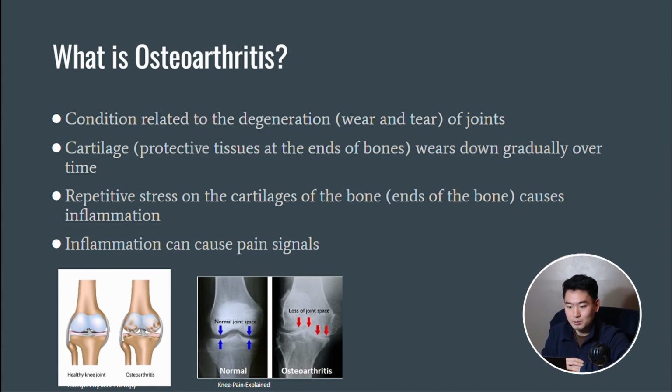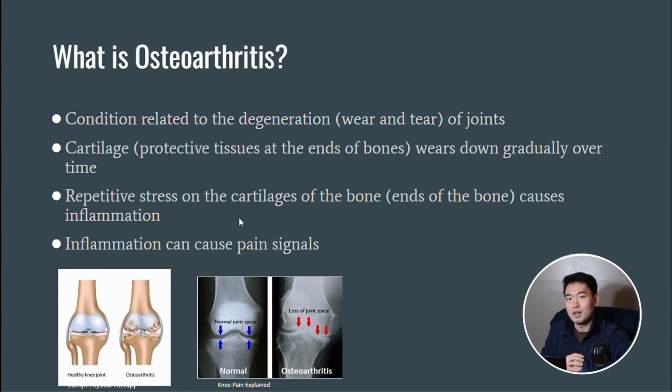So if you take a look at these pictures here at the bottom, you can see a healthy knee joint and a knee joint with some wear and tear over the years. The knee with the osteoarthritis, you can see that there has been some degeneration in both the picture on the left and picture on the right.